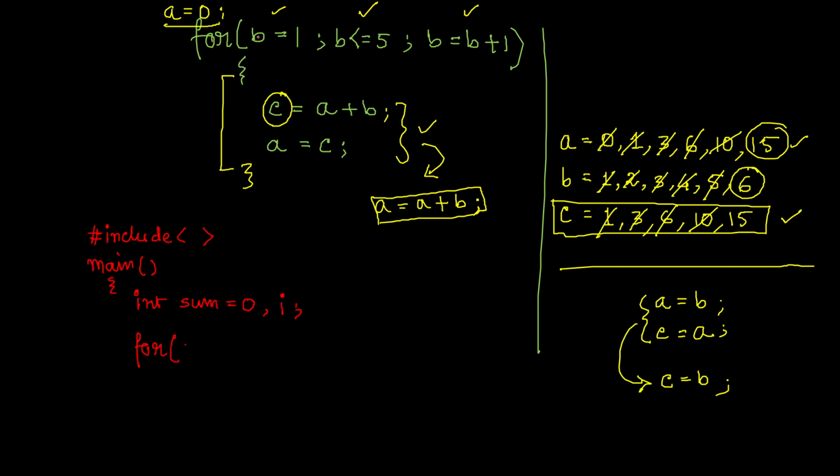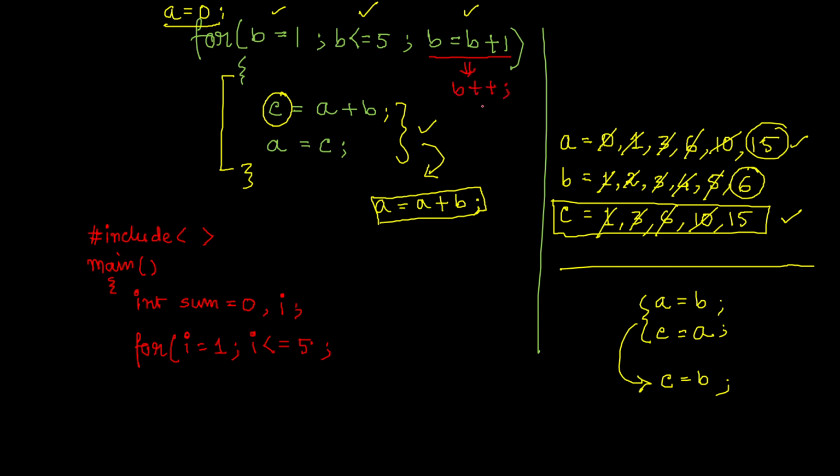Okay, so you can write I equal to 1, I less than or equal to 5, and one more thing, this b equal to b plus 1, you can also write as b plus plus.